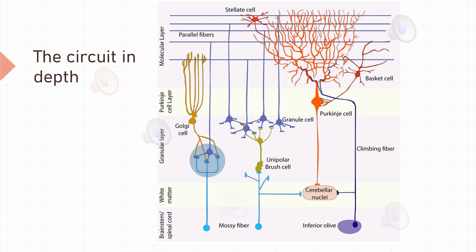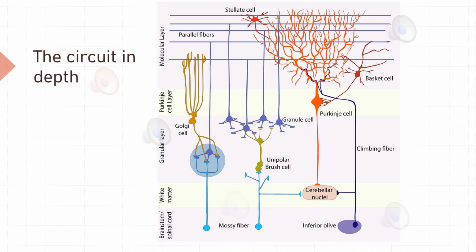We know that there are many fibers entering the cerebellum, from the spinal cord, from the cerebral cortex, from the brainstem. The fibers that are entering the cerebellum are categorized into two kinds. The fibers that are entering from the inferior olivary nucleus and the rest.